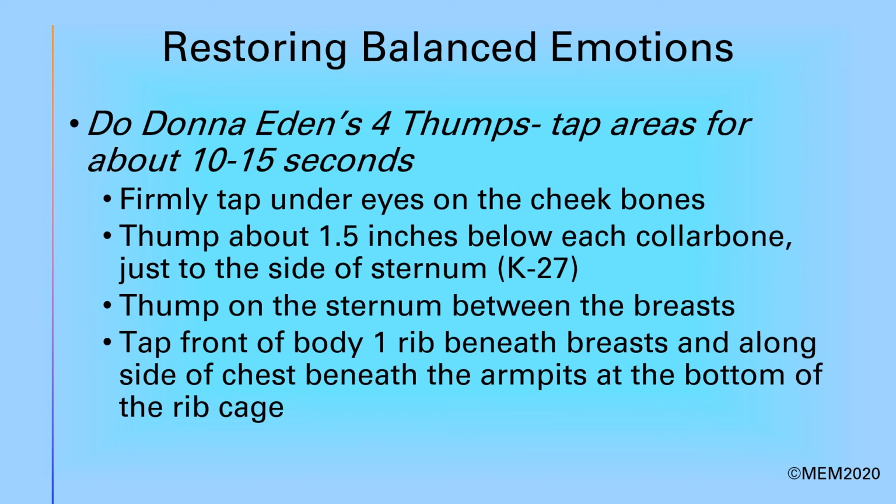And then right in the front, one rib underneath the breast, you're going to thump there and breathe. And along the side, right down the center from the armpit to the bottom of the ribs, you're going to thump there. Okay, this and this are considered one thump together. That's the spleen, and that's about our immune system.